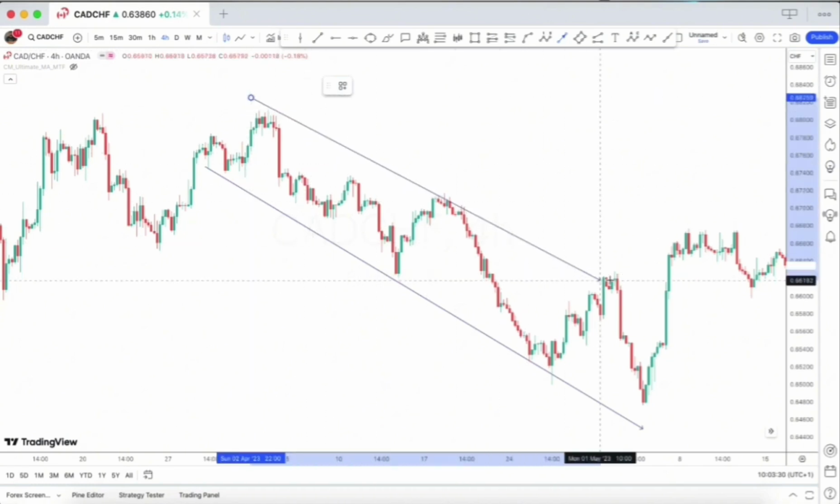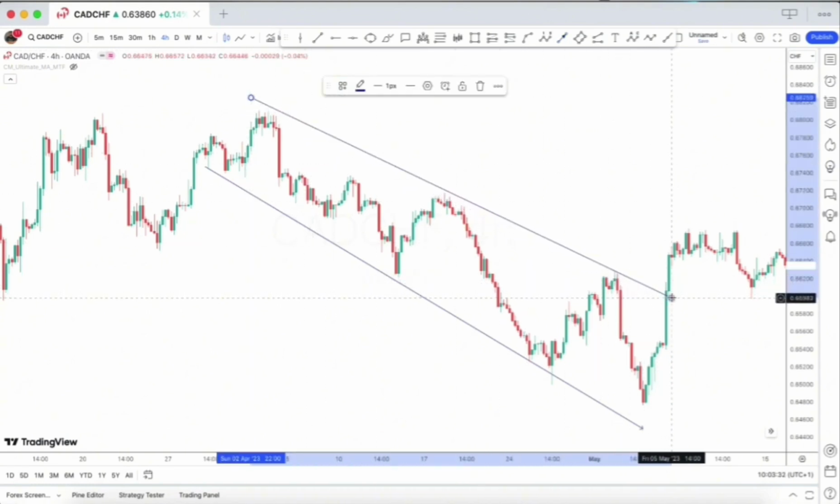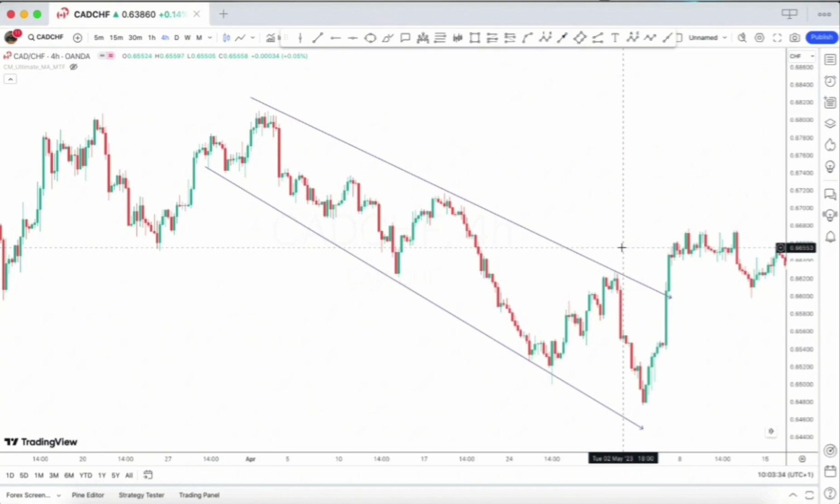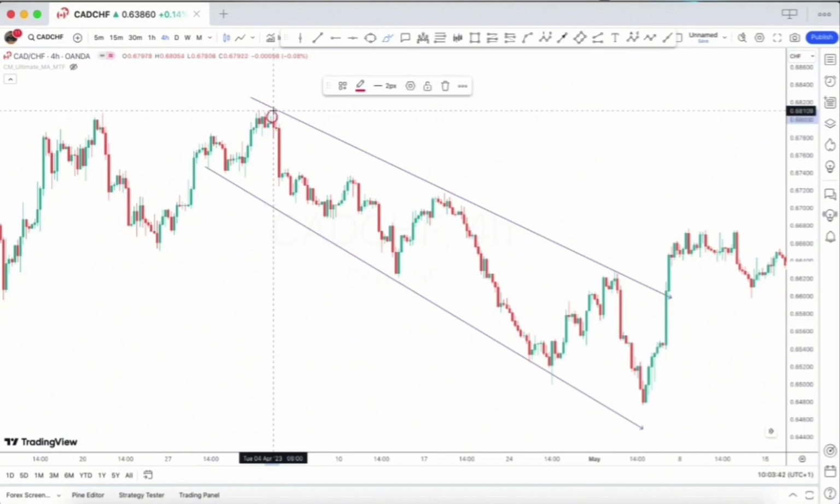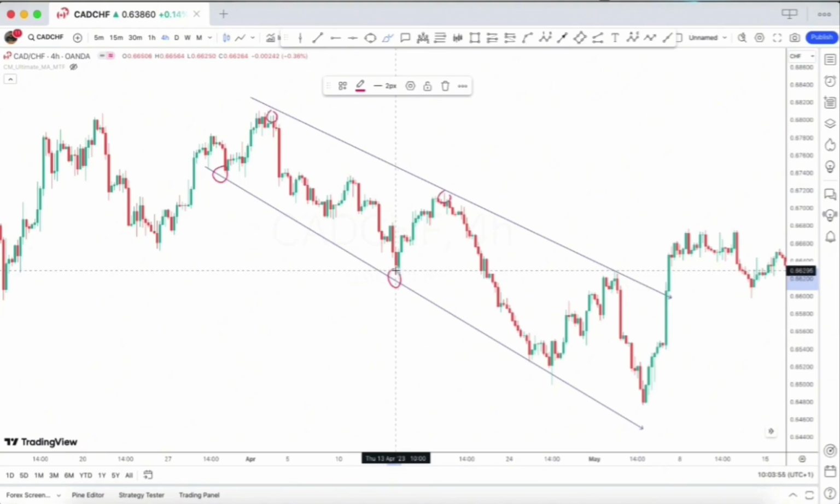So like I said, for a valid support and resistance, we need a minimum of 2 touches, right? Here we already have the first touch right here for the resistance, and this is the second touch for the resistance as well. And for the support, we have this first one right here and the second one right here. Okay, so we need a minimum of 2 touches to make a valid support and resistance level.